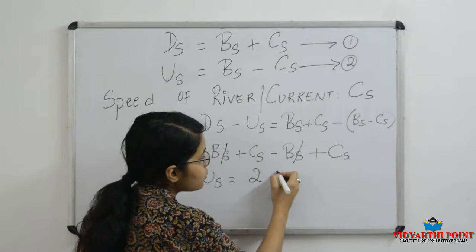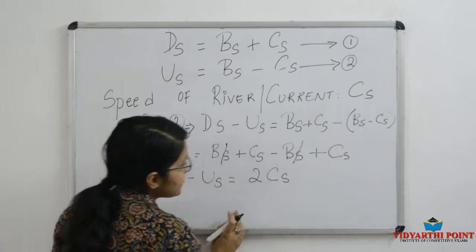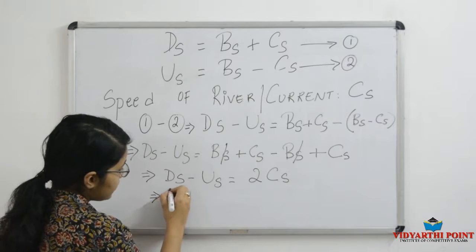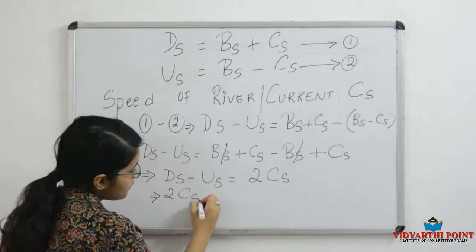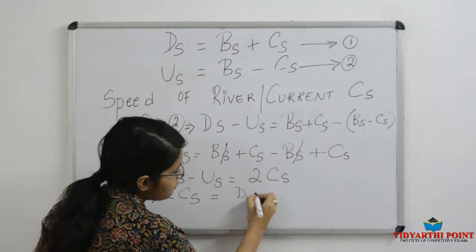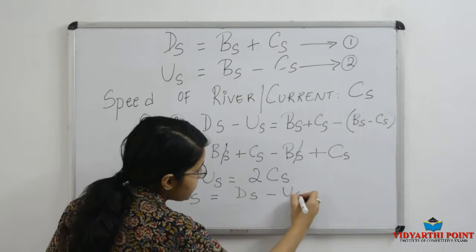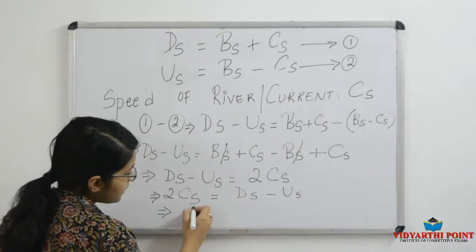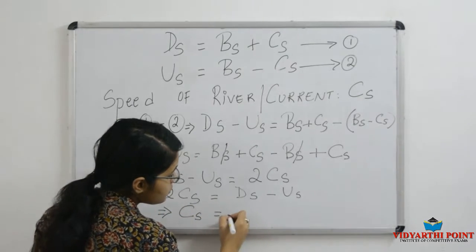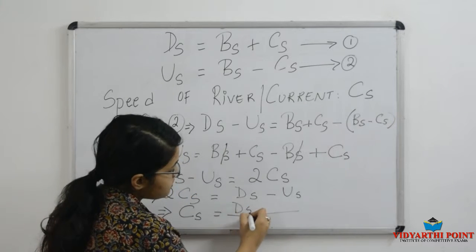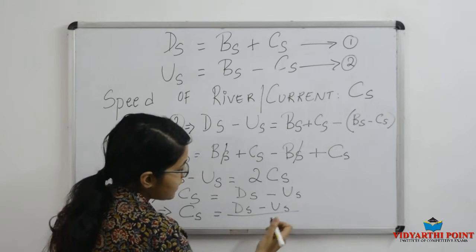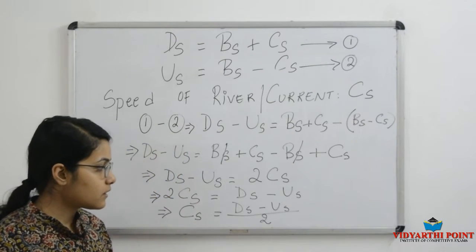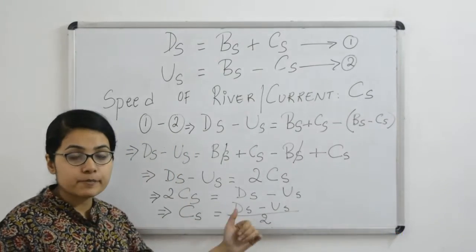So we will have 2CS, that is speed of current. Now let us reverse them, that is 2 speed of current equals to downstream speed minus upstream speed. This 2 will come here as the denominator. So speed of current equals to downstream speed minus upstream speed divided by 2. So this is the formula of speed of current.